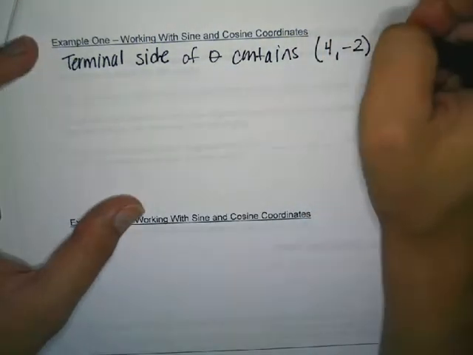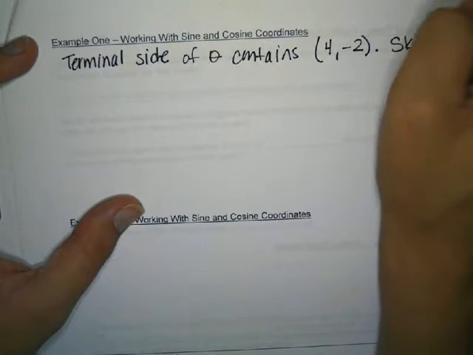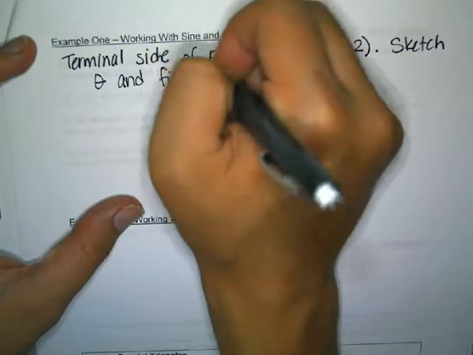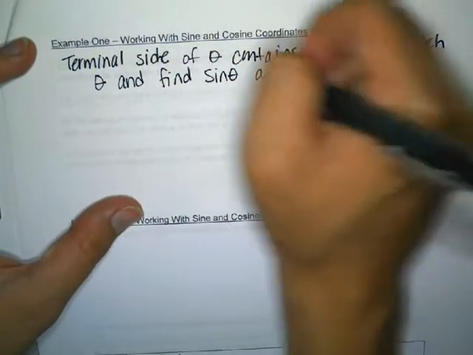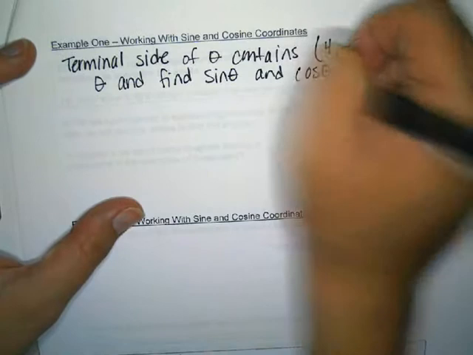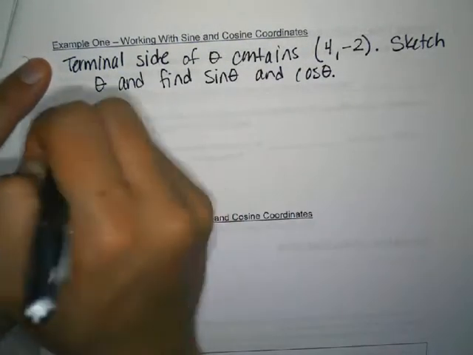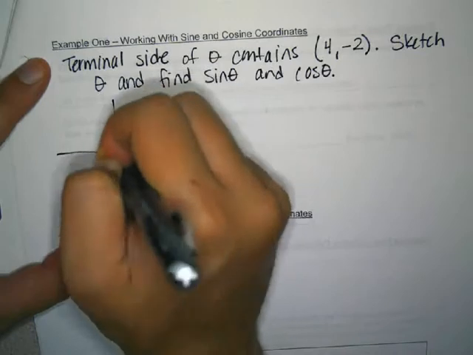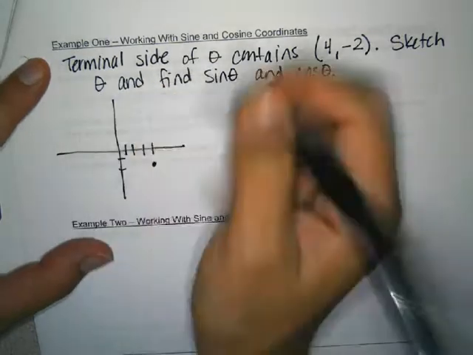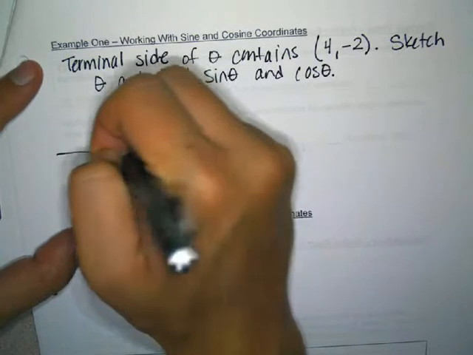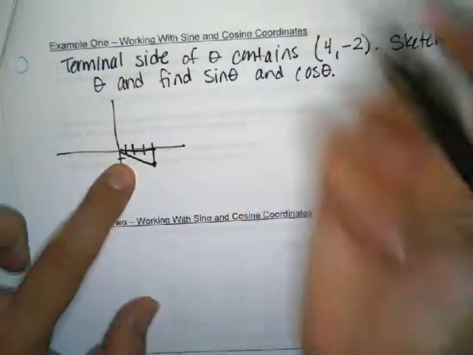We're going to sketch our theta and find sine of theta and cosine of theta. Alright, so first thing we're going to do is actually plot the point. So 4, 1, 2, 3, 4, -2. There we go. We draw a reference triangle, which will look like this, and then we label each side.